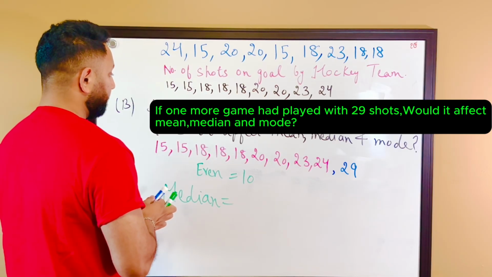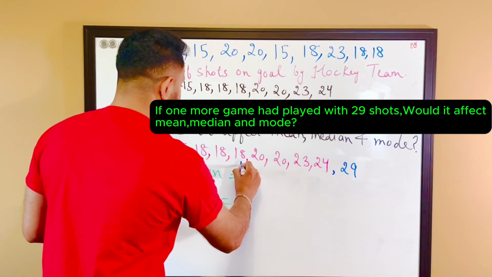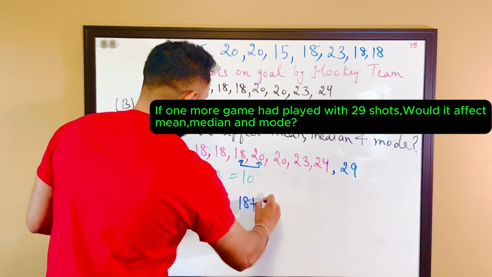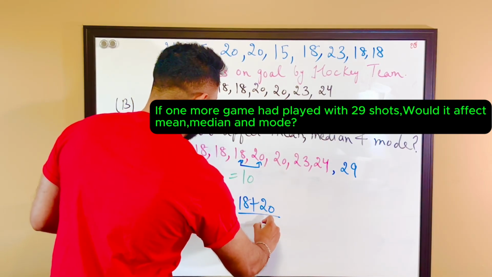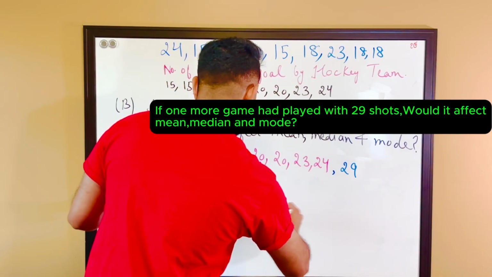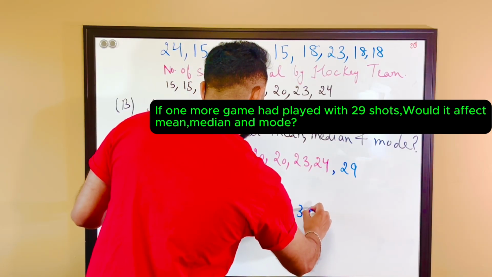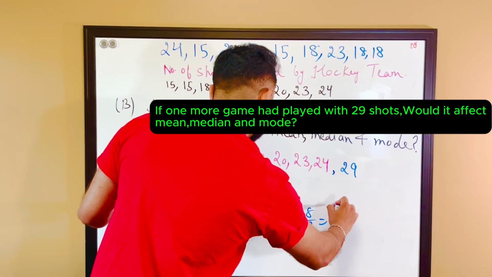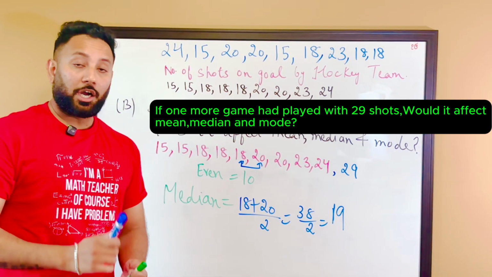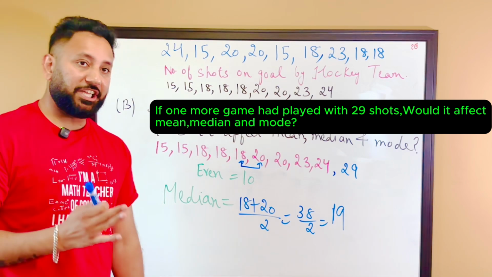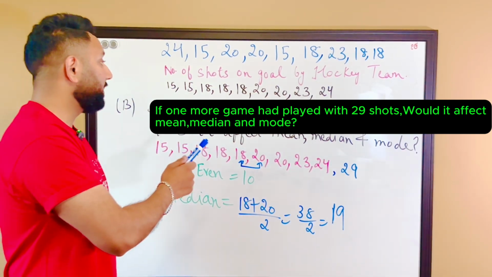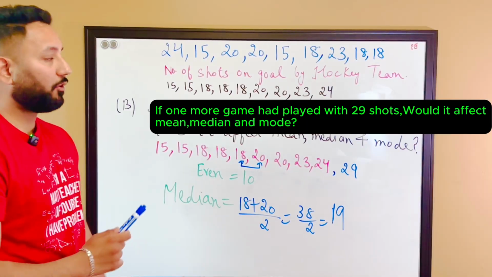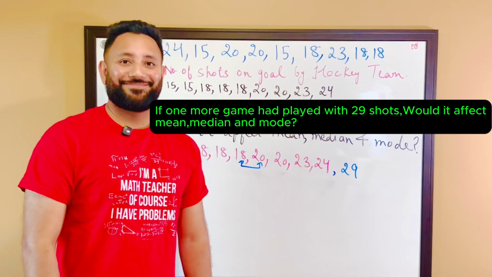That means the average of 18 and 20, which is gonna be 19. So previously our median was 18. So that means an added game played with 29 shots will also affect our median.